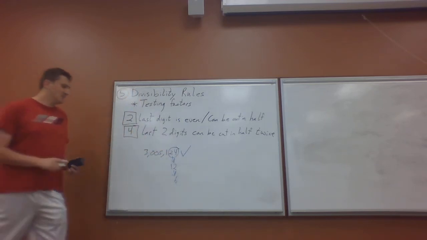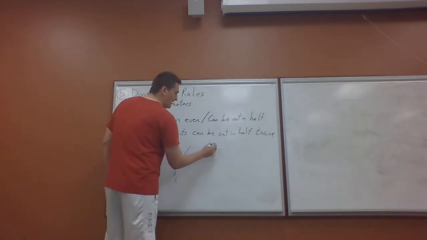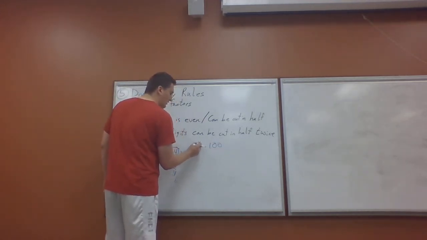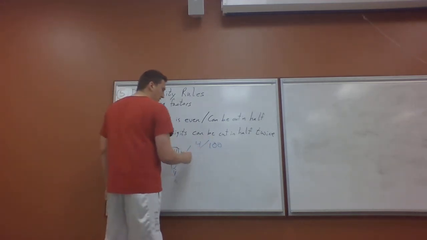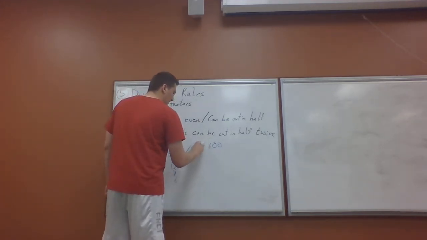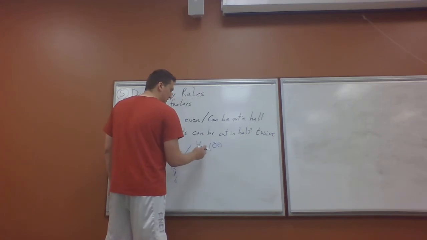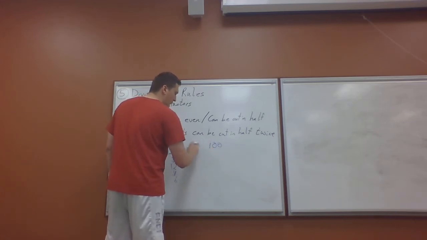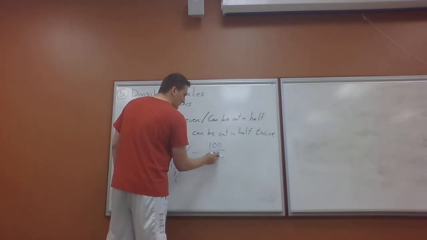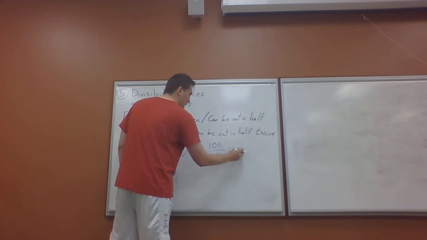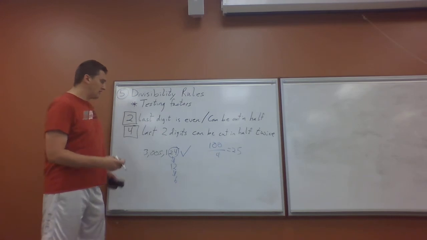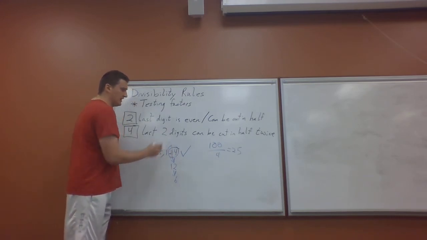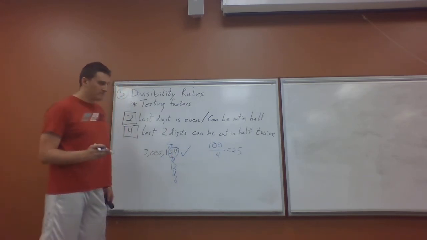Now, why is that? Well, we know that 4 definitely divides 100 evenly. So I'll say 100 divided by 4 is 25. Well, that means I only need to check further than the hundreds place, that 2 right there.